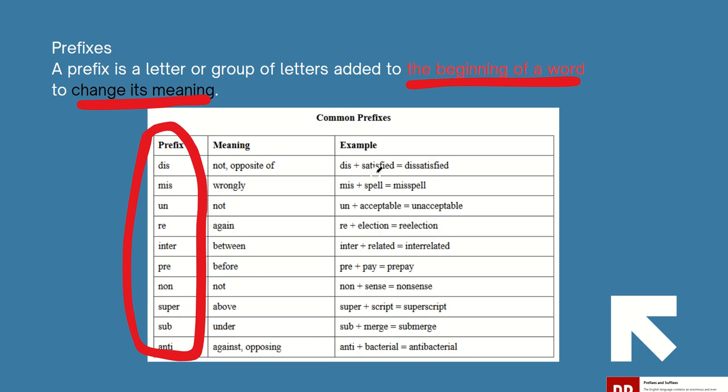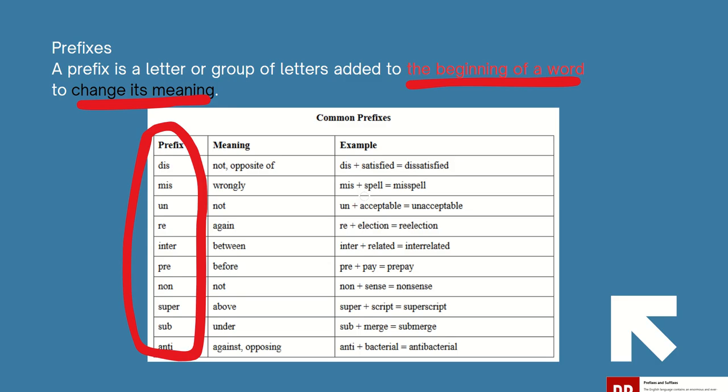For example, satisfy. Satisfy means you are okay with something, satisfied. But once dis is added, this means not or opposite of. So it means you are not okay. You do not satisfy. It is dissatisfy. Another base word is spell.